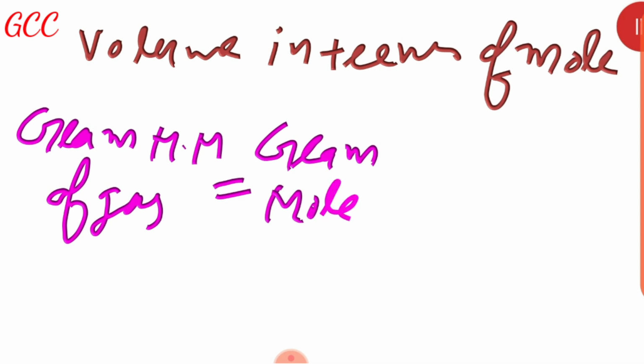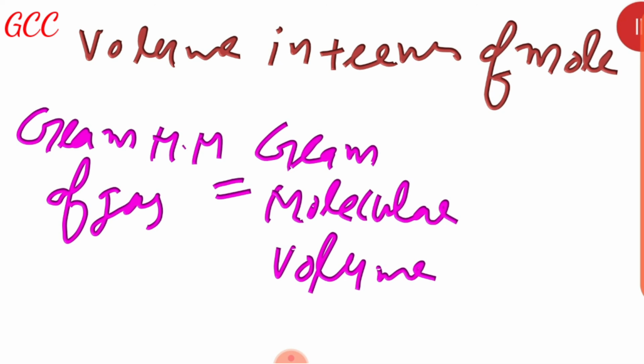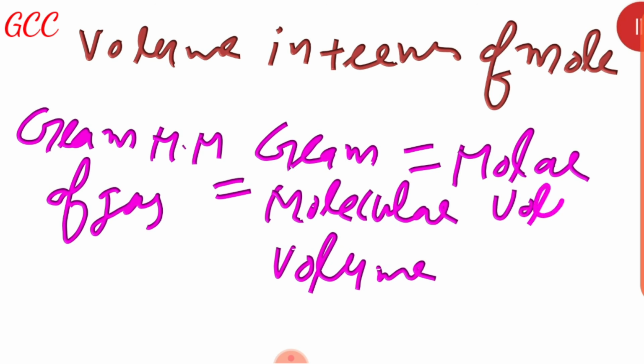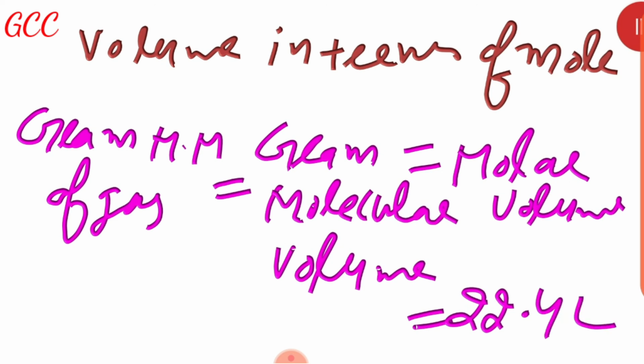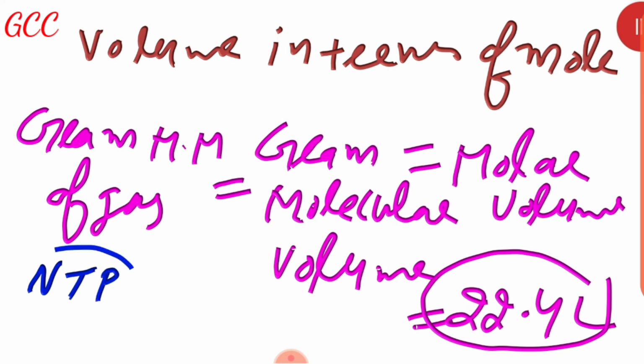But a gram molecular volume is also called gram volume or molar volume, and its value is 22.4 liters. A very, very important number, 22.4 liters. And just remember one thing, this 22.4 liters is at NTP or at STP.